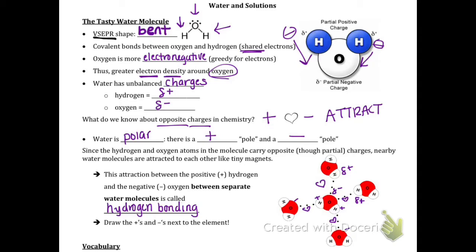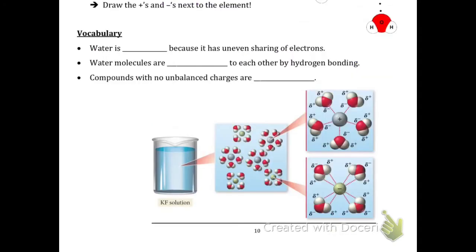Okay, so let's review some of the vocabulary terms that we learned. We learned that water is what we call polar because they have uneven sharing of electrons. Between hydrogen and oxygen in water, the electrons are a lot closer to the oxygen. They're still sharing, they're just physically closer to the oxygen.